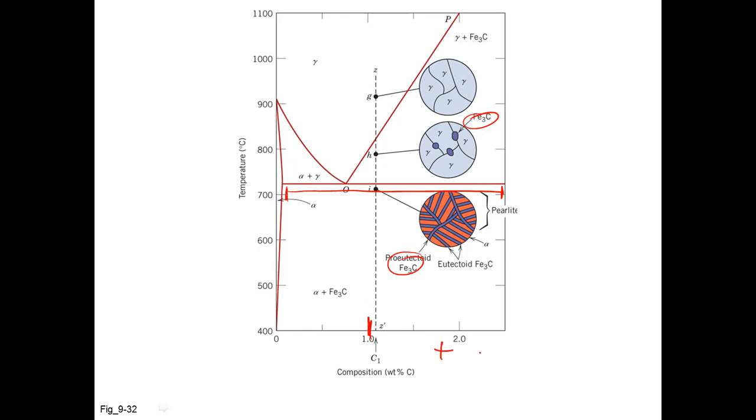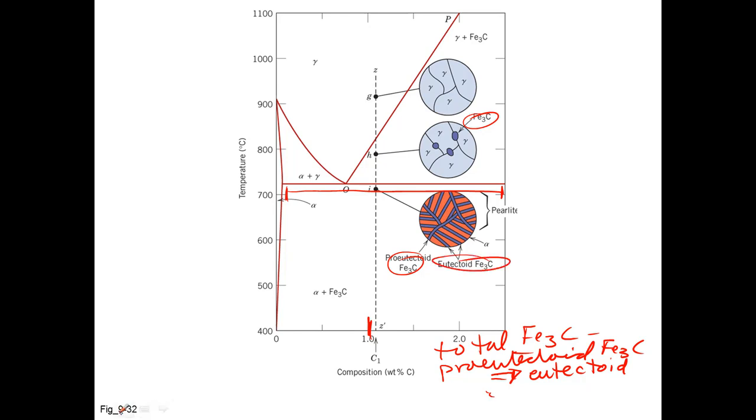So we're going to take the total minus the pro-eutectoid cementite will give us the eutectoid. Let's go back and do that.